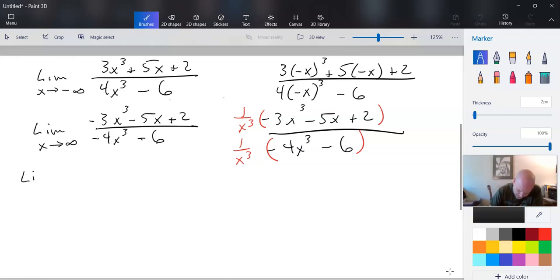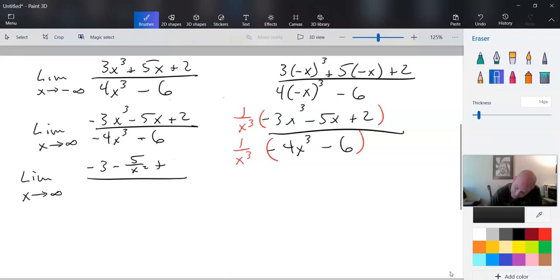What that'll change my limit to is negative 3 plus, minus, watch those signs, minus 5 over x squared plus 2. Oh, sorry, not 2, 2 over x cubed. There we go. And then in the denominator, that'll be negative 4 minus 6 over x cubed.